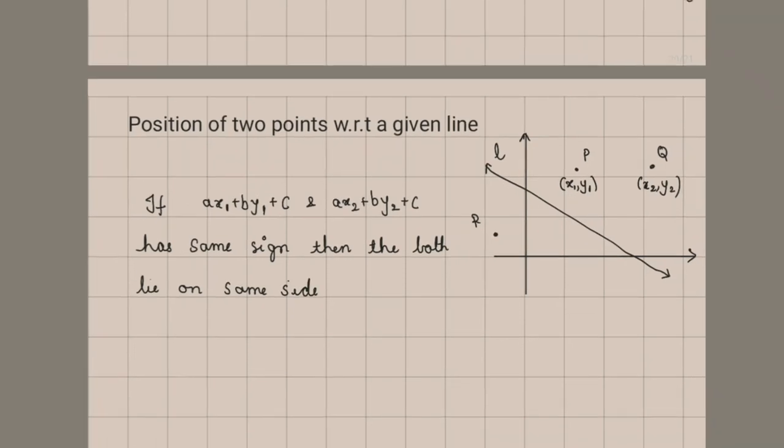Okay, because we know that every point which gives greater than 0 lies above the line for b greater than 0. So if you take any 2 points which give the same sign, then those 2 points also lie above or below, which gives that the 2 points are on the same side.